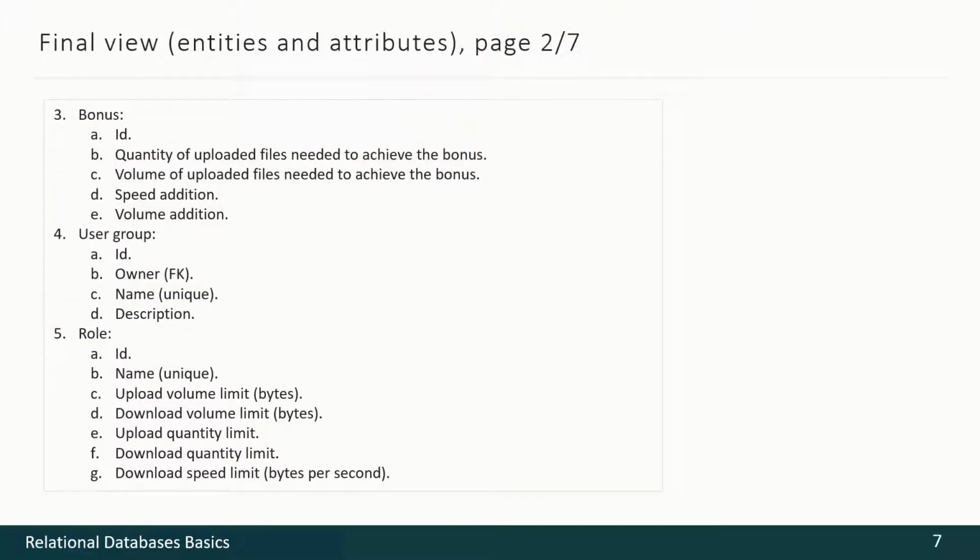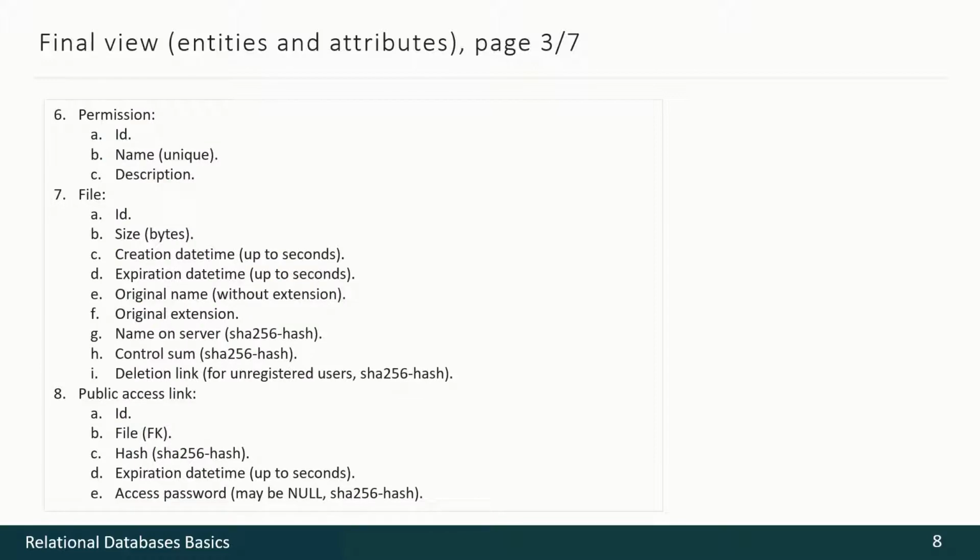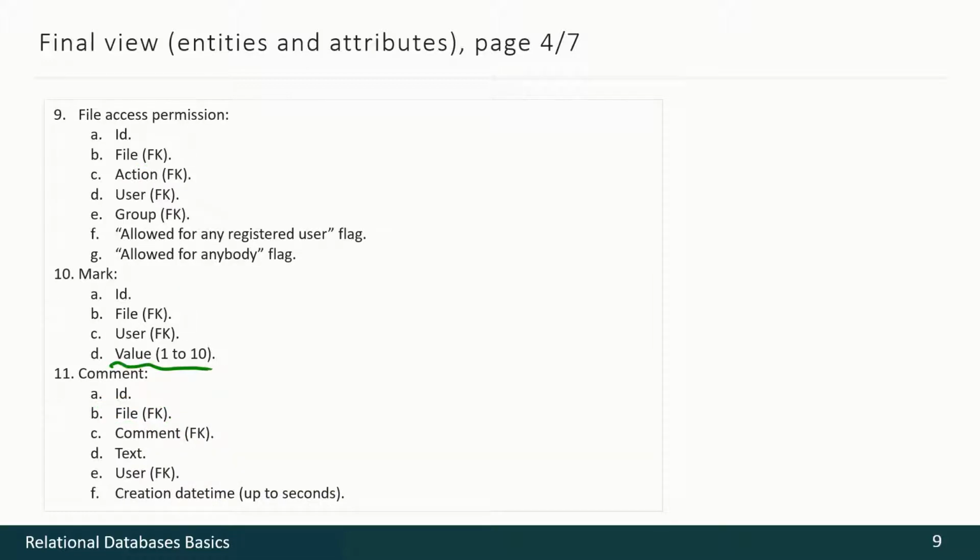You may see that for most entities we've decided to add surrogate primary keys, so these are our primary keys here. We've added information about attribute uniqueness. We've mentioned several foreign keys whenever we need them. We've mentioned information about possible values. For instance, for mark we have value in integer from 1 to 10.